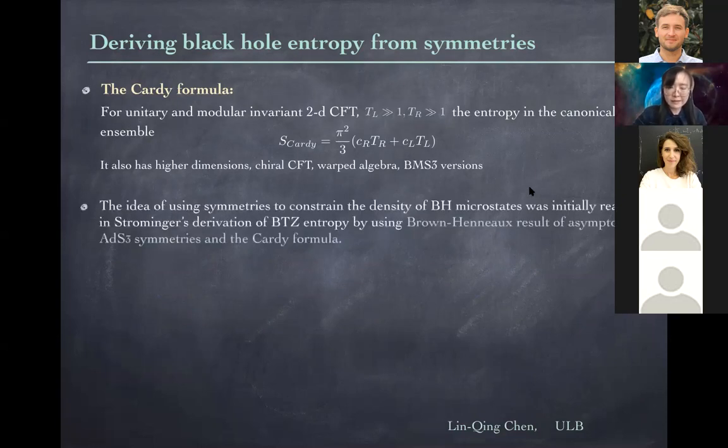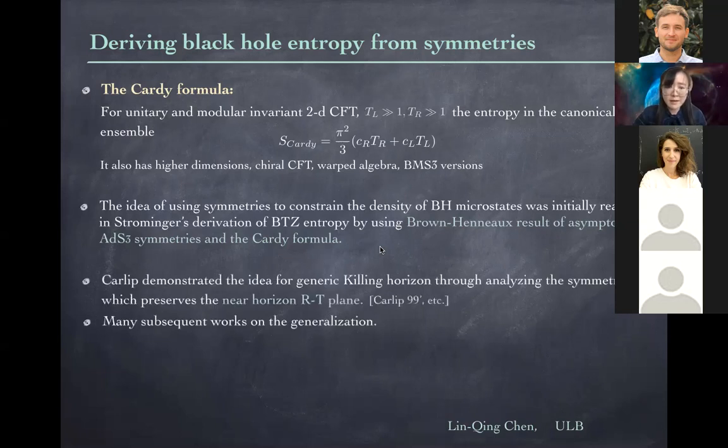Initially, the idea of using symmetry to constrain the density of the black hole microstates was realized in Strominger's derivation of the BTZ entropy by using the Brown-Henneaux result of the asymptotic AdS3 symmetry and the Cardy formula. And Carlip demonstrated that the idea works not only for the locally AdS3 black hole, but also for a generic Killing horizon, through analyzing the symmetry which preserves the near horizon r-t plane.